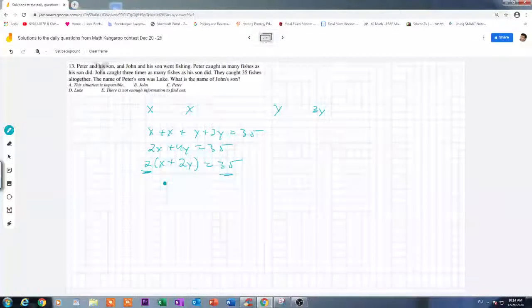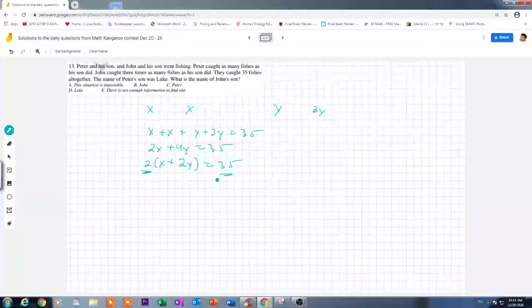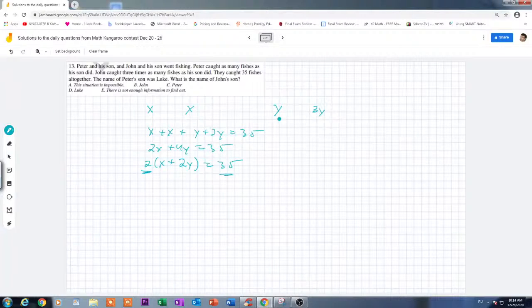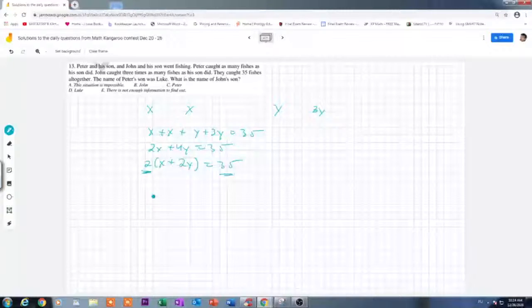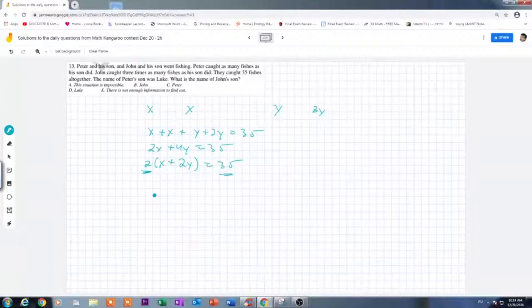We can't have an even number on one side and an odd number on the other side. So it means that there are three people there, right? And because Luke is Peter's son, the only option we have left is that Peter is John's son, right?